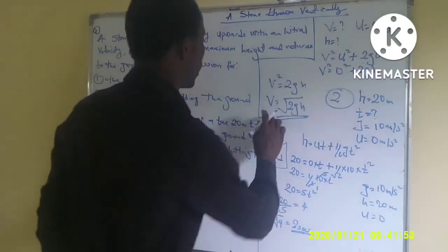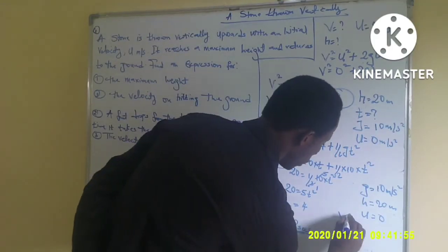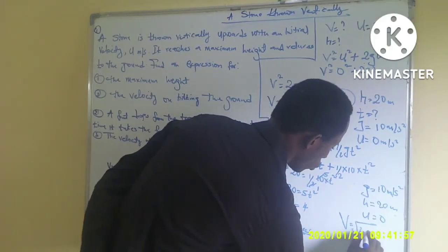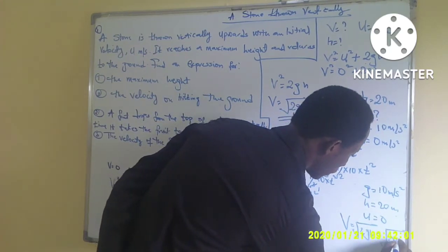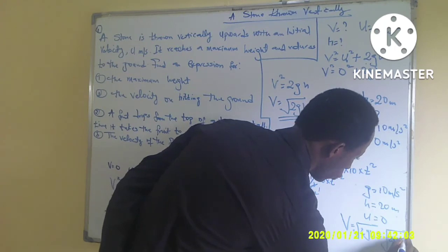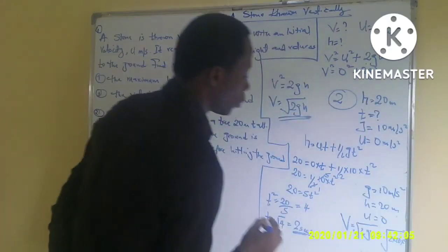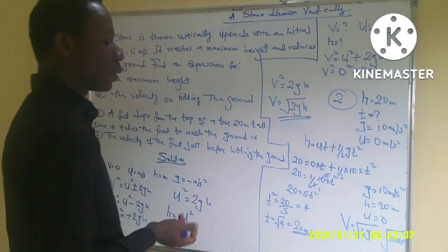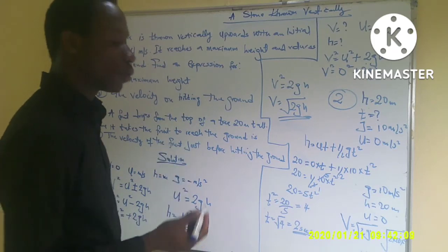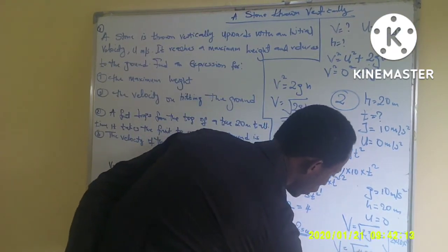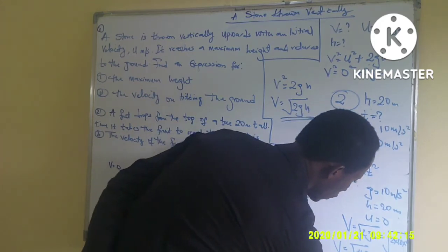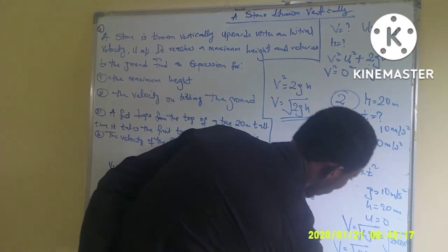So v is equal to root 2gh, which is the square root of 2 times 10 times 20. 2 times 10 gives us 20, and 20 times 20 gives us 400. So v is equal to the square root of 400, which is 20 meters per second. So that's the answer.